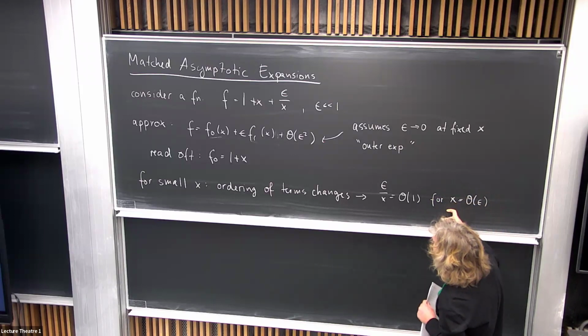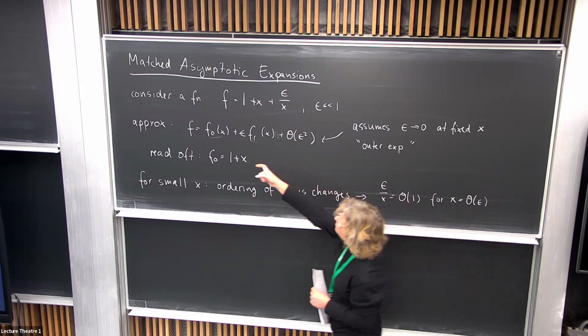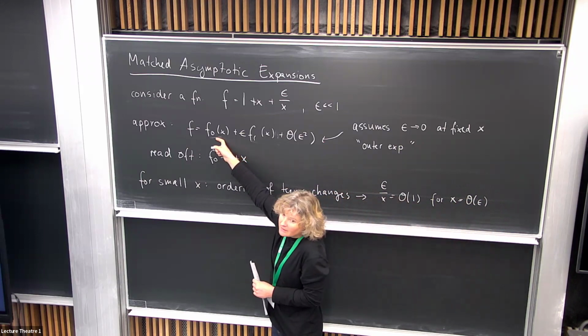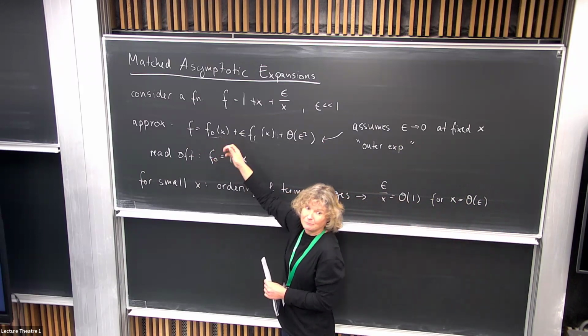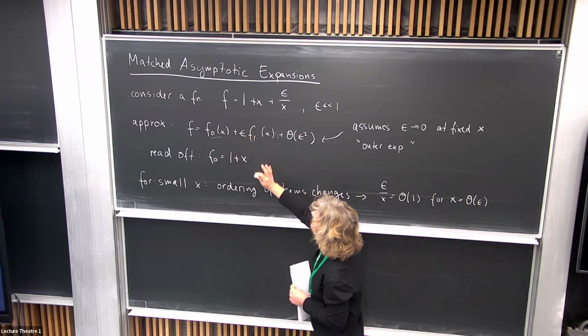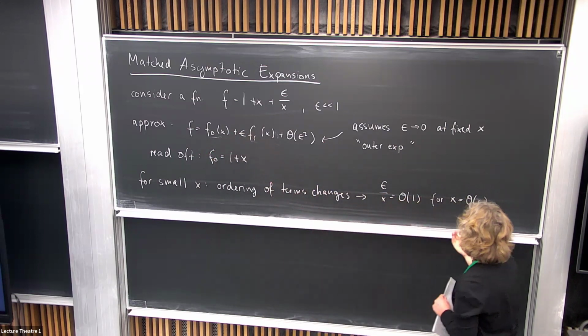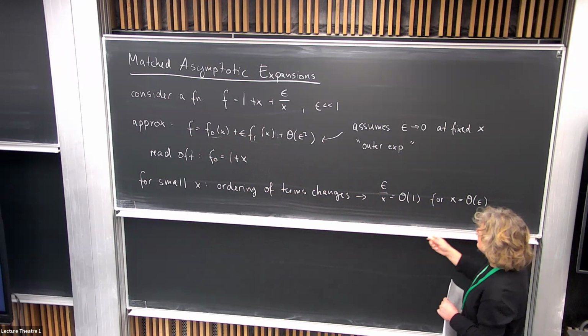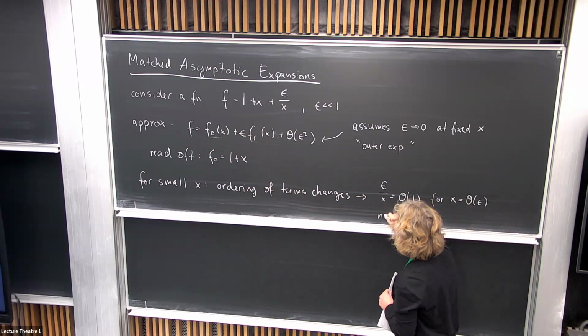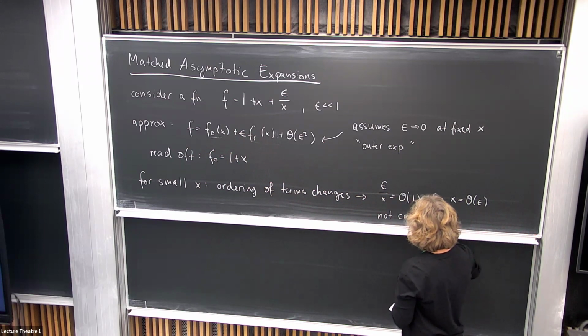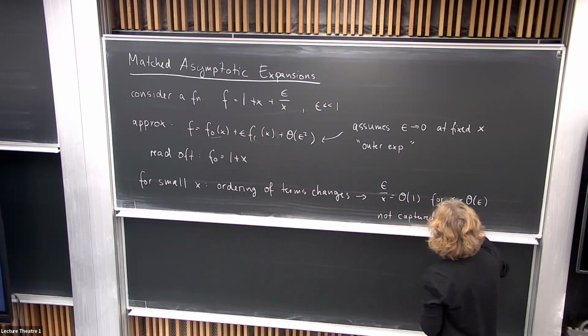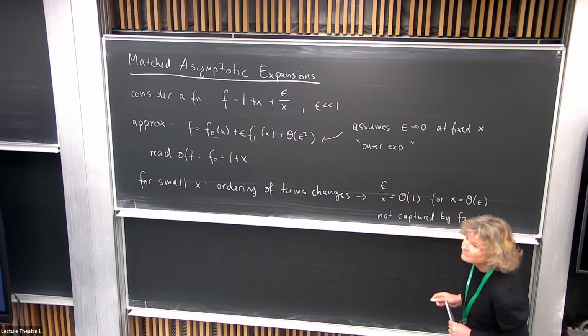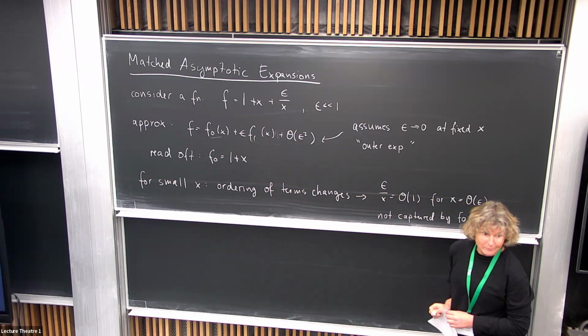And this f0 is supposed to capture all of the order 1 dependence plus small corrections that scale as epsilon. This is not captured by f0. Any questions about this? Is it clear?